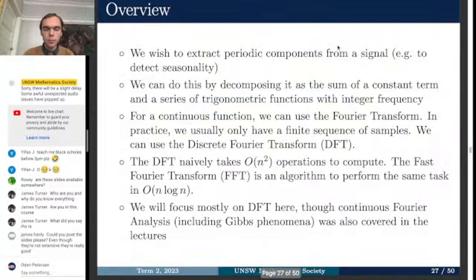So the basic reason for doing Fourier analysis of a time series, a sequence of values, is we expect there to be sort of periodicity in the time series.